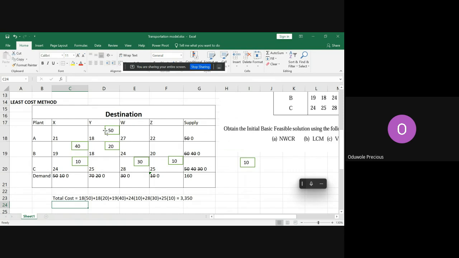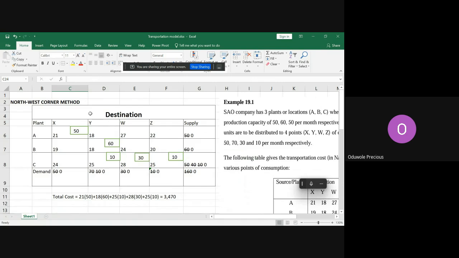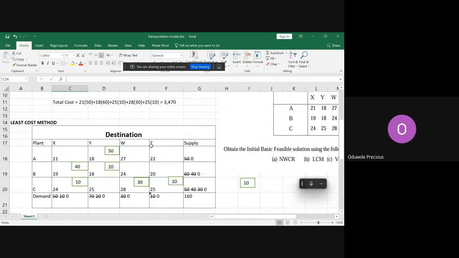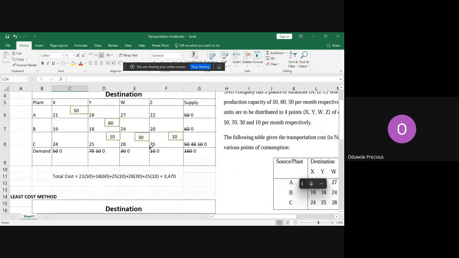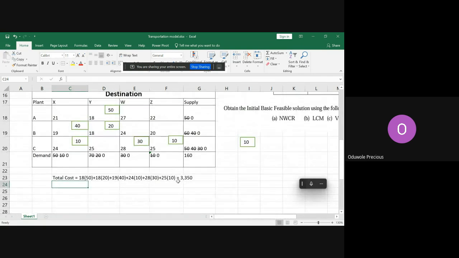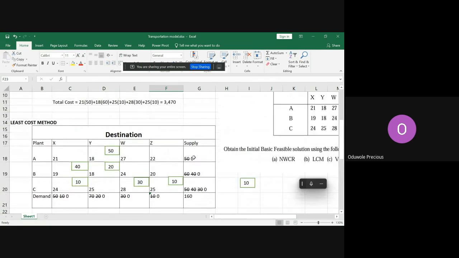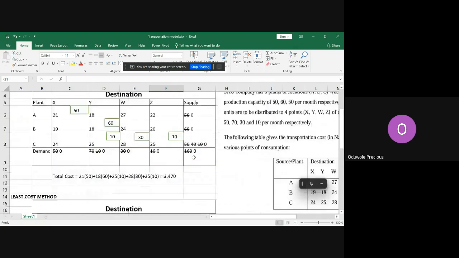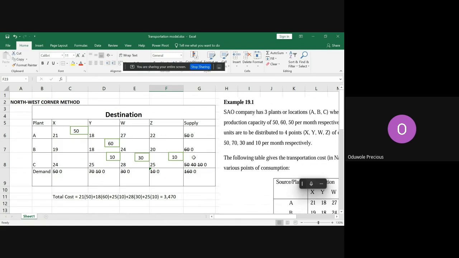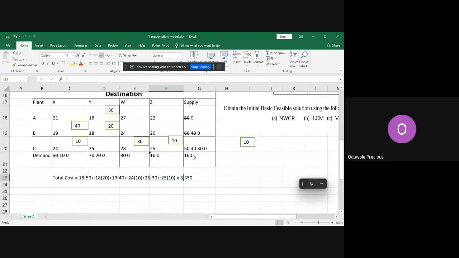If you see the number of allocations, 1, 2, 3, 4, 5, 6, this one is complete, unlike the northwest, which is just 5. So that's one of the reasons they will tell you that least cost is better than northwest, because first of all it gives a lesser cost, then again it's more accurate.